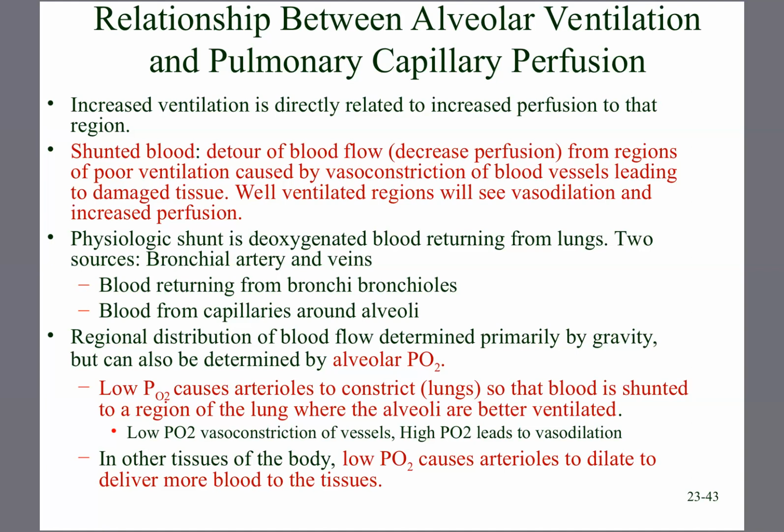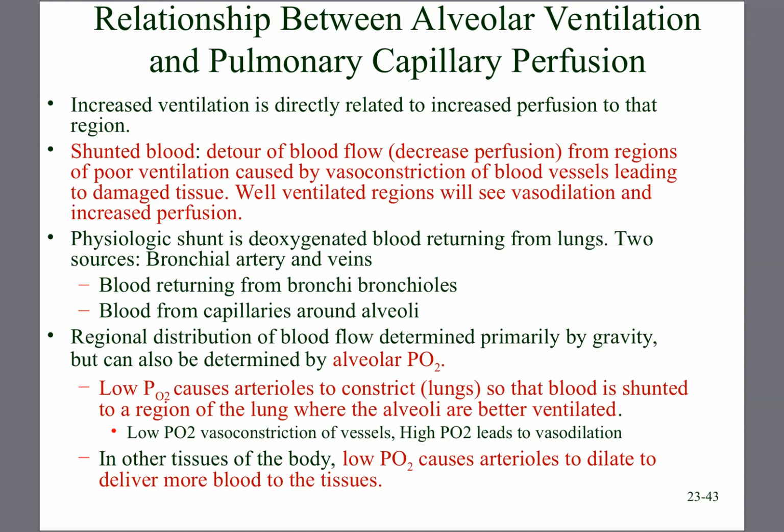What happens then? The area that has high PO2, the other lung, the whole left lung, isn't affected. Remember, right superior lobe. So the left lung isn't affected, it is well ventilated. The right middle and inferior lobe isn't affected, it is well ventilated. So those blood vessels there dilate. High PO2 in the lungs causes vasodilation.